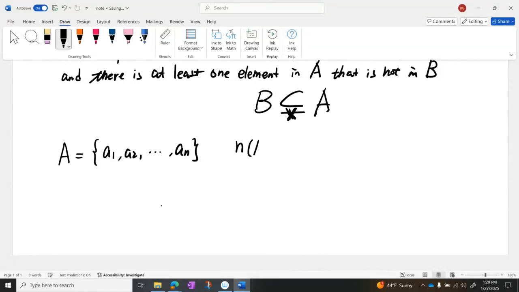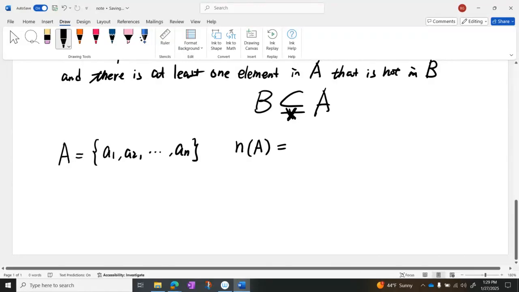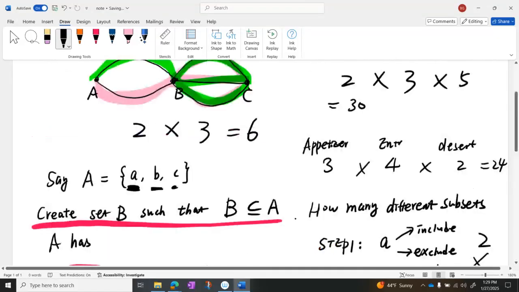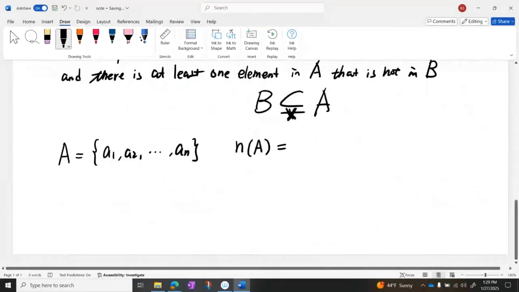elements. Can you tell me what is the cardinal number of A? If A has a sub 1, a sub 2, and so on, a sub n, that many elements in the set, what's the cardinal number of A? This might be a little bit challenging because it's a little bit abstract. Just do not tell me 3 or 6.